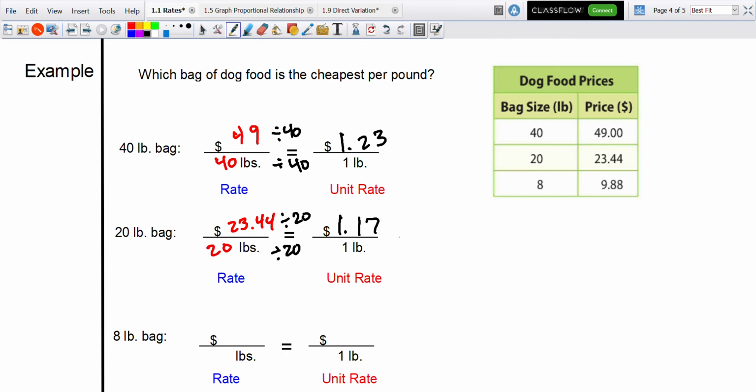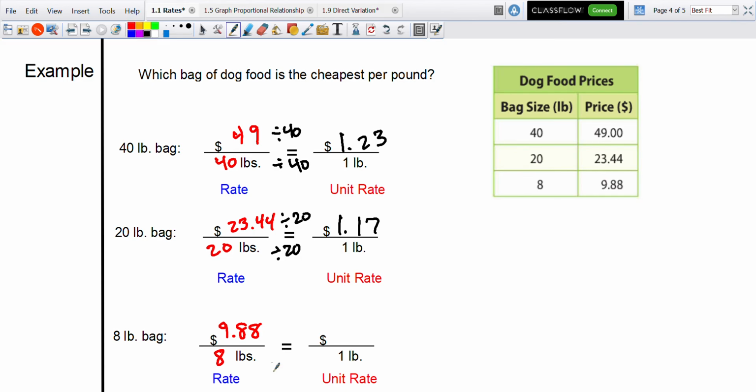Okay, and you should be trying the last one on your own. But let's fill this out here. The 8-pound bag is going to cost $9.88. So my initial rate is $9.88 per 8 pounds. Right, but I don't want per 8 pounds, I want per 1 pound.